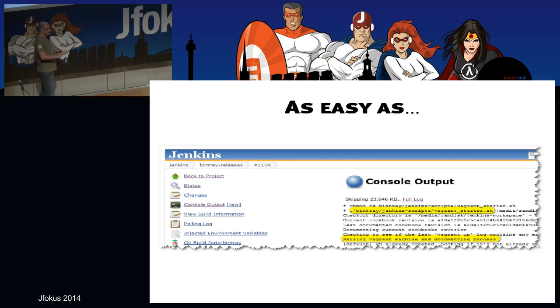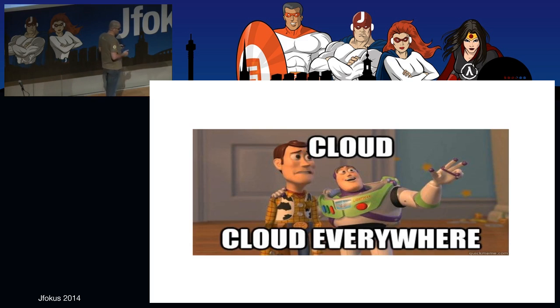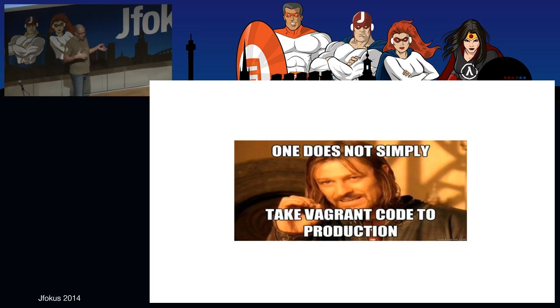The idea is to take the same cookbooks and run them not on my machine, but on a production server. So we can run the same stuff and do exactly the same. Now, this is good. We can take this and put it into the cloud, and this is what we want. We want to use as many cloud services as possible.